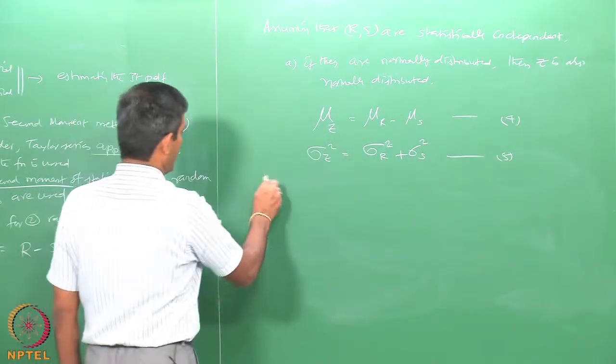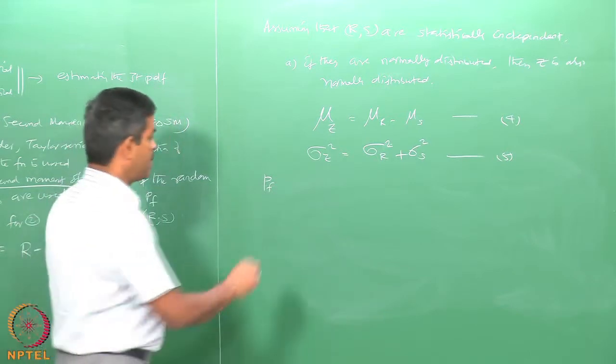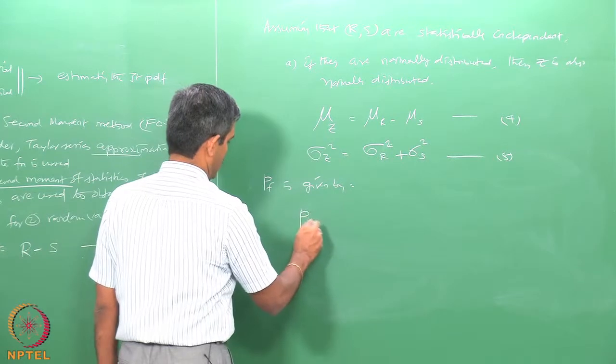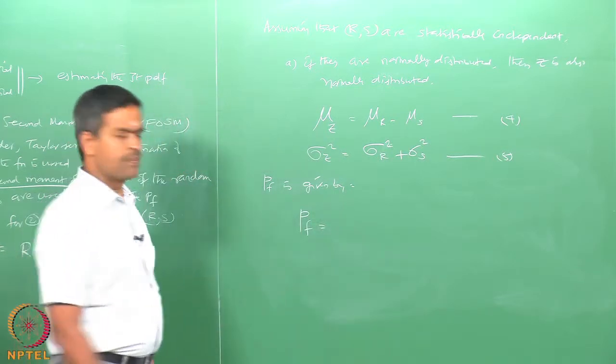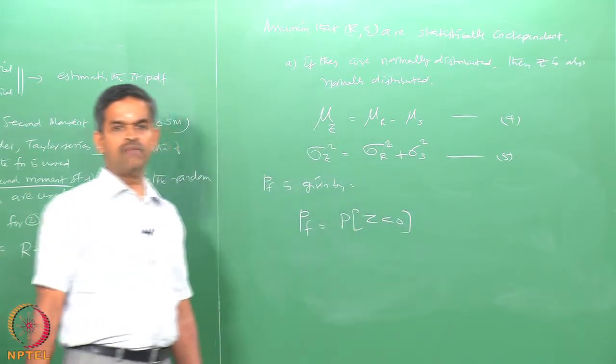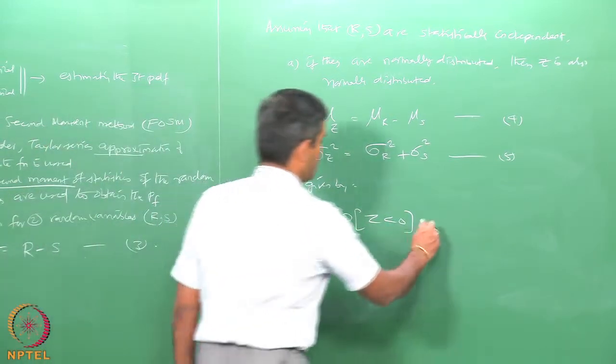Now, the probability of failure is given by the probability of Z taking a negative value.